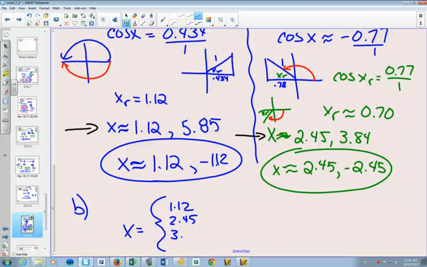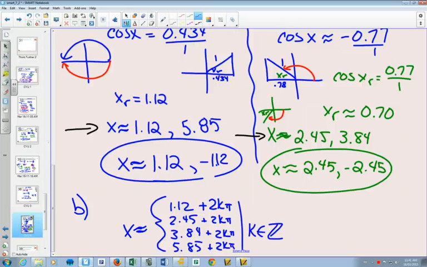If you want to be pretty, you do them in order: 3.84 and 5.85. Squiggle brackets still. And then you add 2k pi to each of them.